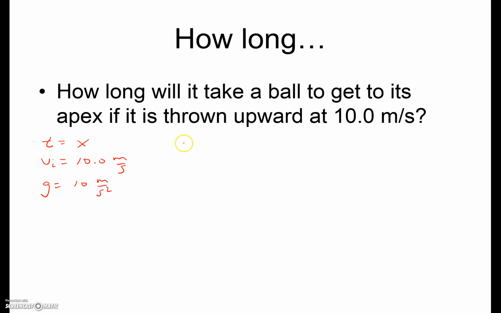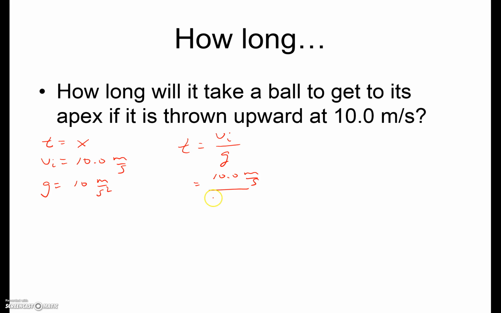We've got our equation. The time it takes to get to the apex equals our initial velocity divided by our acceleration due to gravity. So we'll plug in 10 meters per second for our initial velocity.